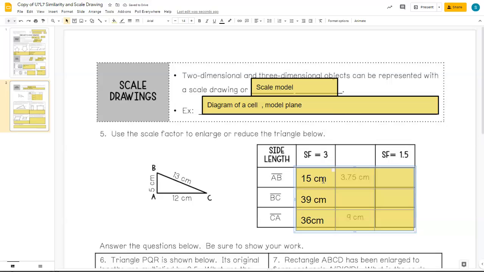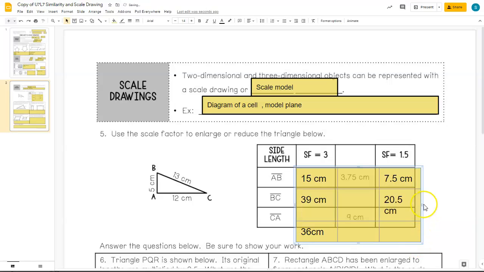Now, if the scale factor is 1.5, that means our new image is 1.5 times bigger. Alright, so we need to multiply 5 times 1.5. And then let's look at BC, that's 13 times 1.5.